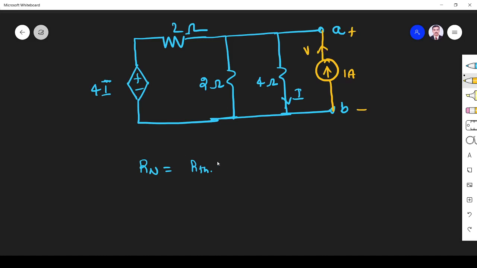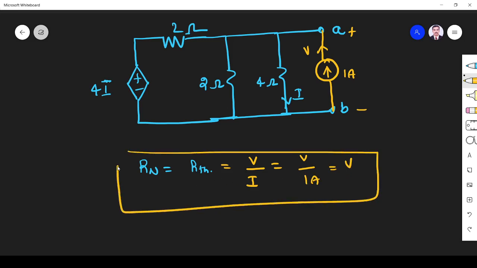So what is R Norton? That is given by V by I. V I have to find, I is 1 ampere, so that is equal to V. That is my R Norton. In this way only we can find it. Suppose we use a voltage source, then we find the current, and R is equal to 1 by current.